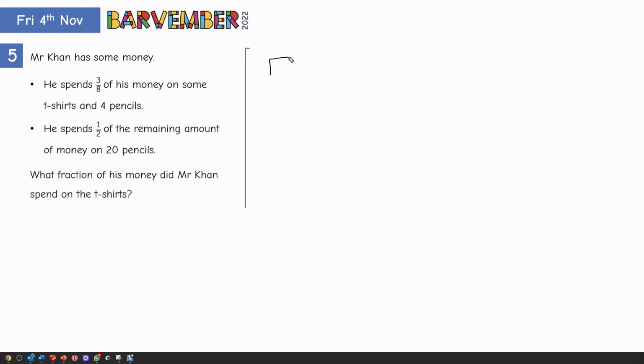I know 8 is not odd, but this is just how I do it. So that's one part, two, three, four, five, six, seven, and eight. Okay, so that's my very badly drawn bar with 8 equal parts.